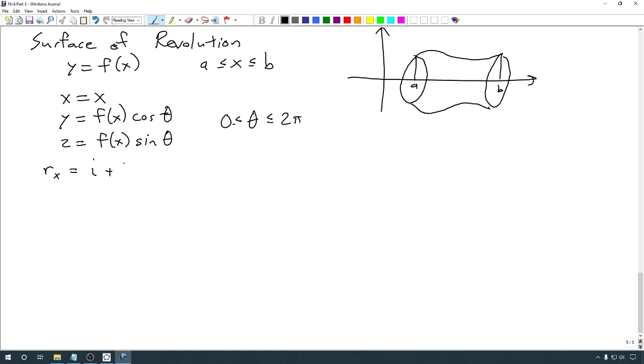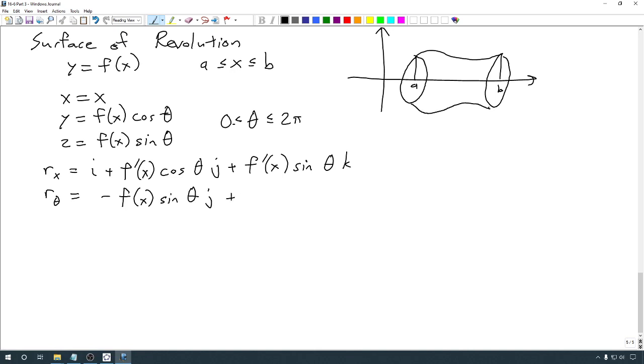Then we have the derivatives of f, but the cosine and the sine don't change. If we differentiate with respect to theta instead, this time the x actually goes away. We don't have an i. This time the f of x stays the same, but now the cosine and the sine get differentiated. So cosine becomes negative sine, and sine becomes cosine.